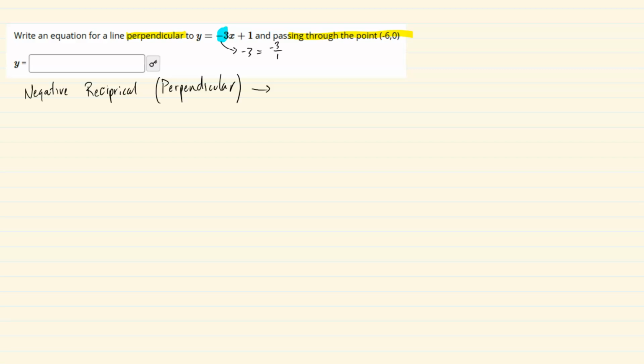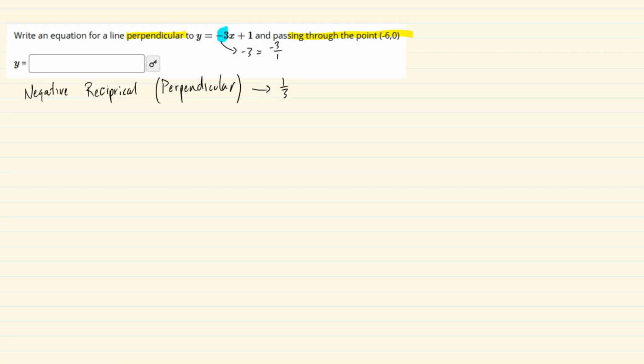But then the negative reciprocal means it's going to be the opposite sign. Since it's negative right now, it'll become positive. So the reciprocal would then be 1/3, and it would be positive because it has to be the opposite sign. You could think of it as the opposite reciprocal, but negative reciprocal works too.